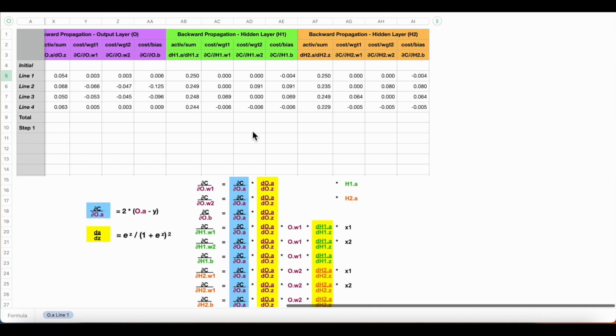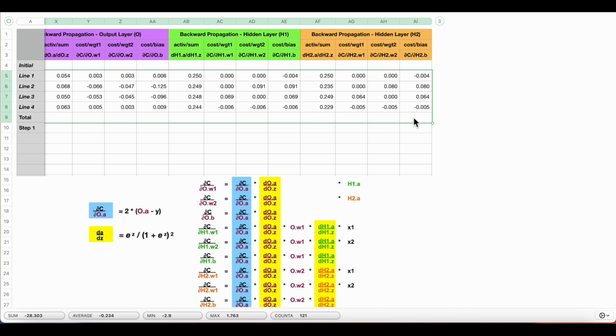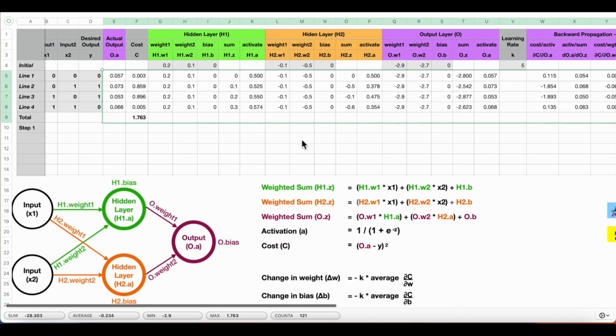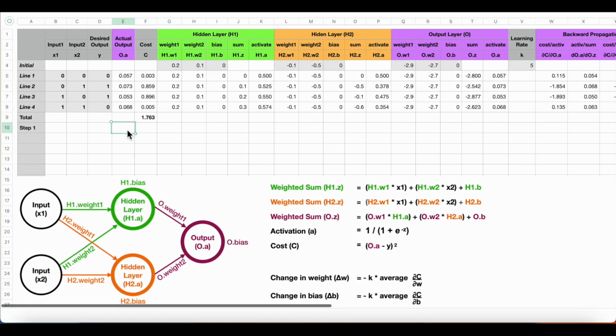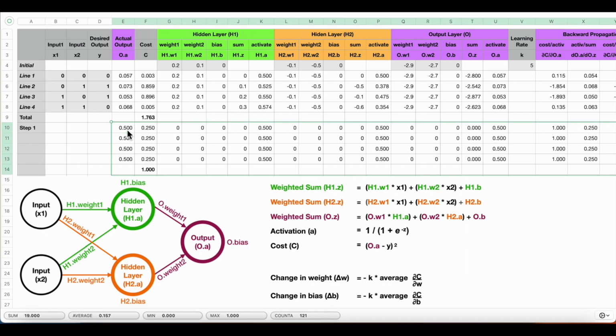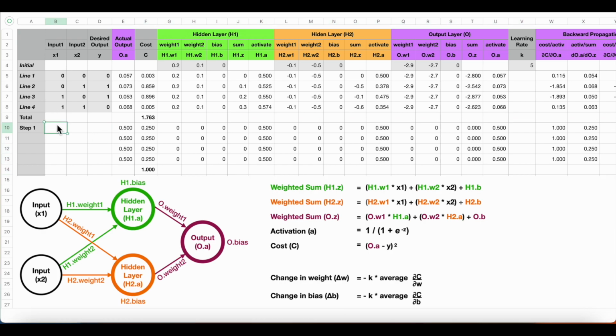I can then take the 5 lines that we've created and paste them into step 1. But we need to make a couple of changes. I want to repeat the pattern that we initially set up. So I'm going to point back to those cells, copy and paste.